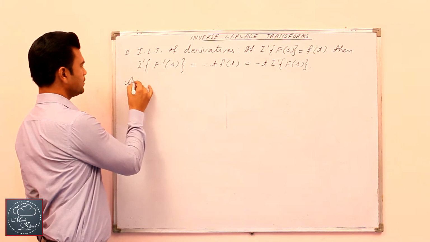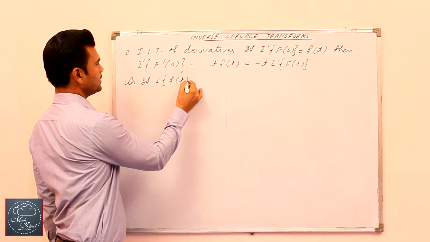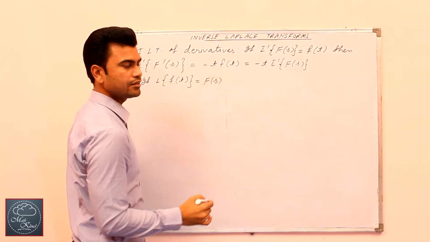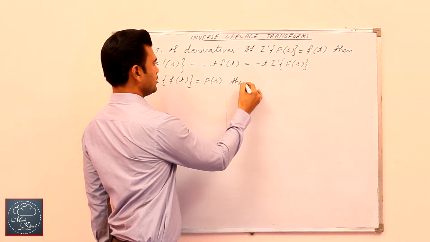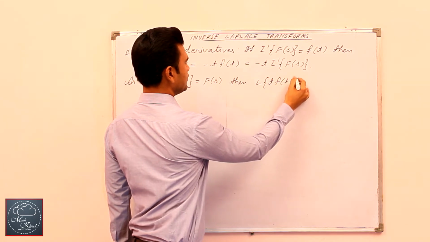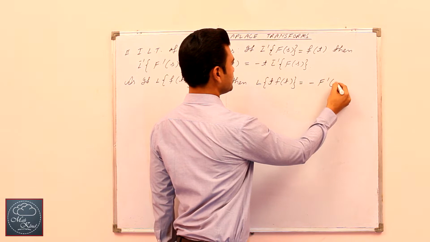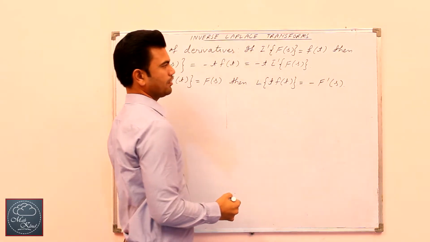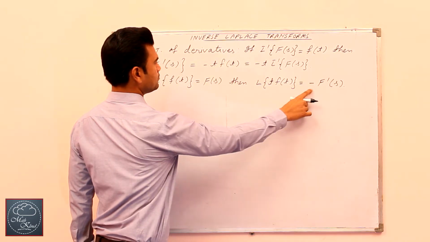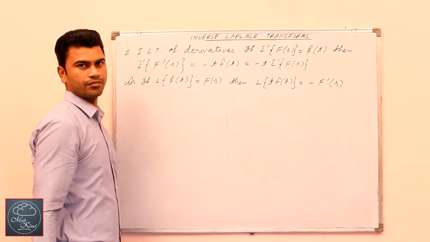As you know, if the Laplace transform of f(t) is given by F(s), then the Laplace transform of t f(t) is given by minus F dash(s). So if you take the inverse Laplace transform on both sides, you get this result.